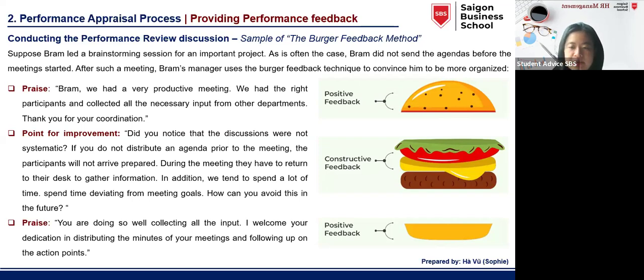It is suggested that the manager can follow a structured approach as below. Firstly, identify the issue to be worked on. Secondly, explain why it needs to be addressed. Thirdly, suggest ways to improve. And finally, express what the desired behavior looks like. The final step is ending with a positive remark or another sincere compliment.